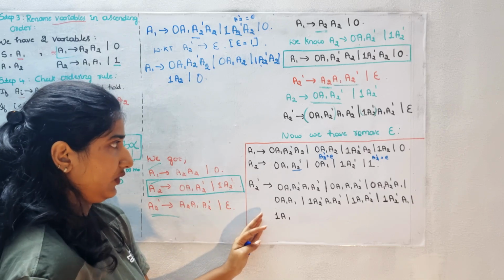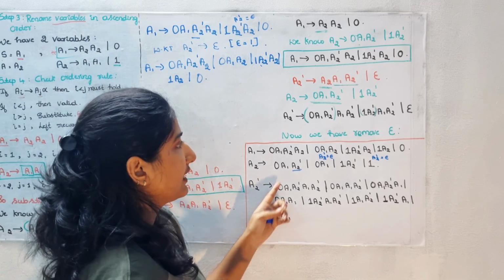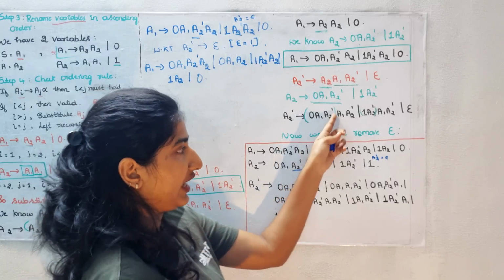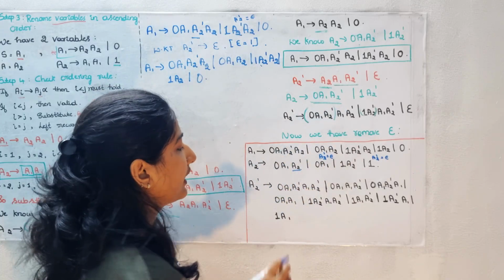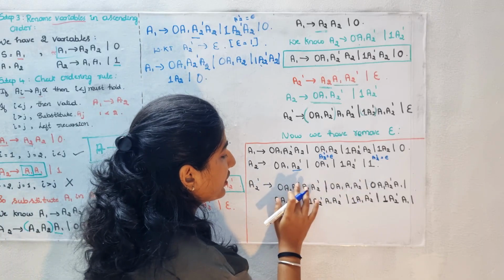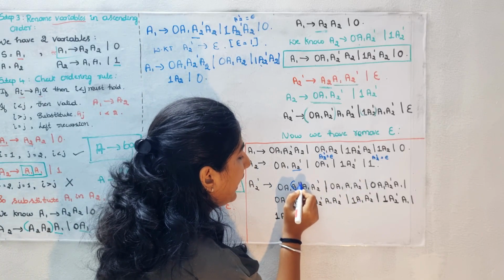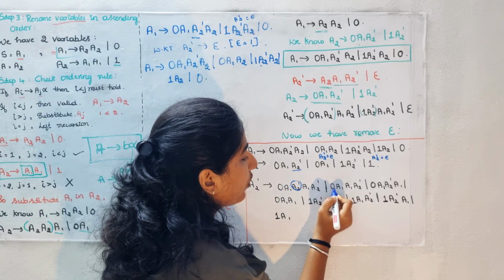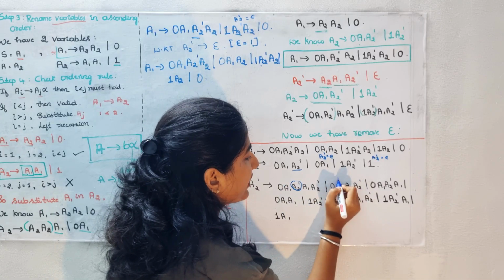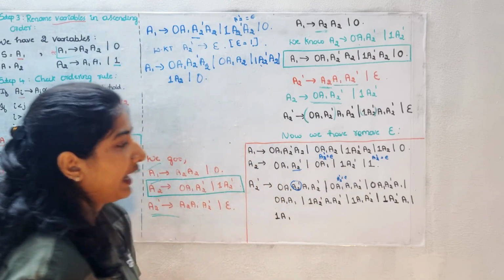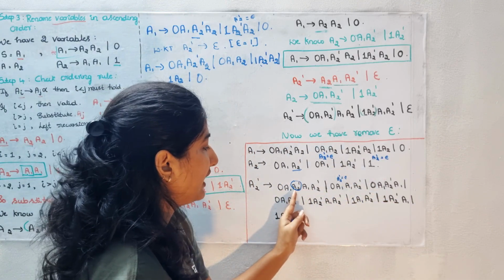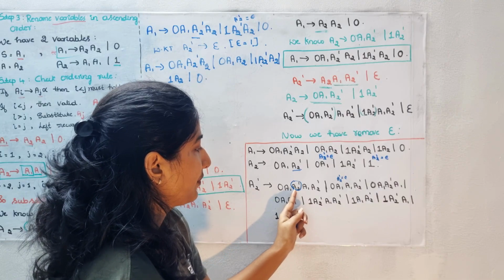Now consider this one. Be careful with this one. A2 dash derives 0 A1 A2 dash A1 A2 dash. Write this one as it is. Okay. Now in the next equation I am removing this A2 dash. So it will become 0 A1 A1 A2 dash, which means this A2 dash become epsilon. Okay. And in next case I am keeping this A2 dash as it is.